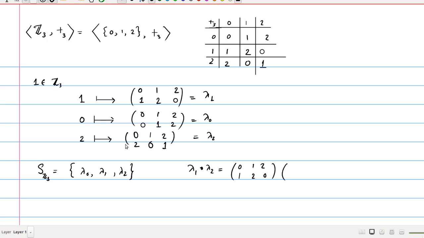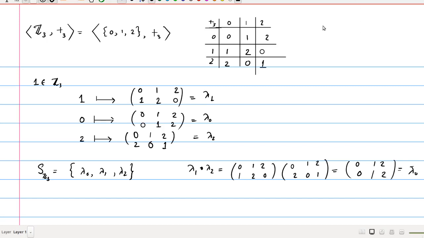Lambda 2 is this one, 0 1 2, 2 0 1, and when you take the product here, you can get 0 1 2 as here: 0 goes to 2 and 2 goes to 0, and here 1 goes to 0, 0 goes to 1, and 2 goes to 1, and 1 goes to 2. Okay, so this will give lambda naught, lambda 0.